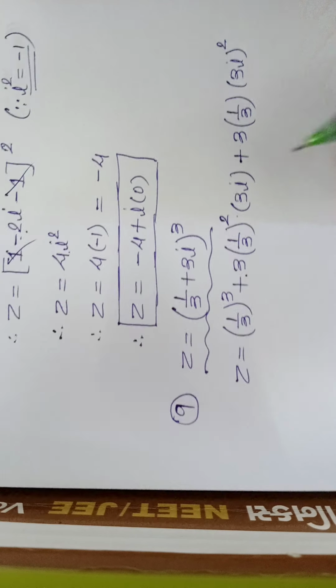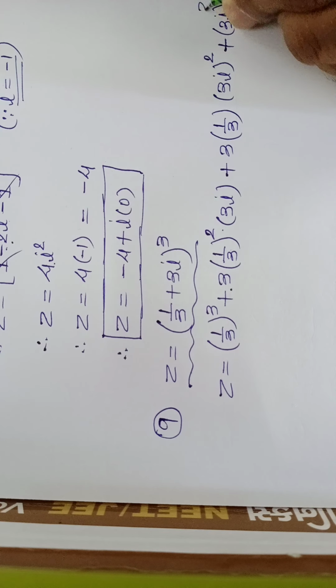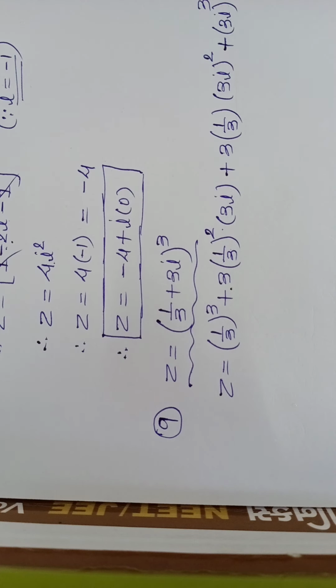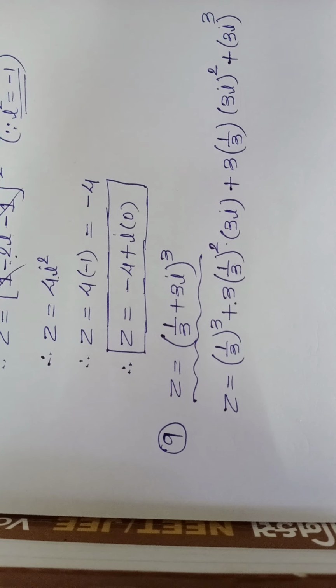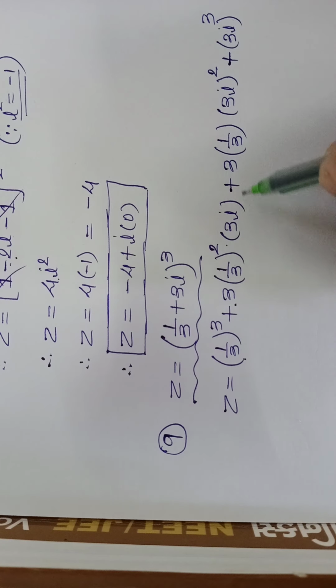This is the expansion of a perfect cube, and plus (3i) cube. I hope you know the expansion very well. You just learn this kind of sum in standard 8th, 9th, 10th level. So the primary form is this: x cube plus 3x square y plus 3xy square plus y cube.